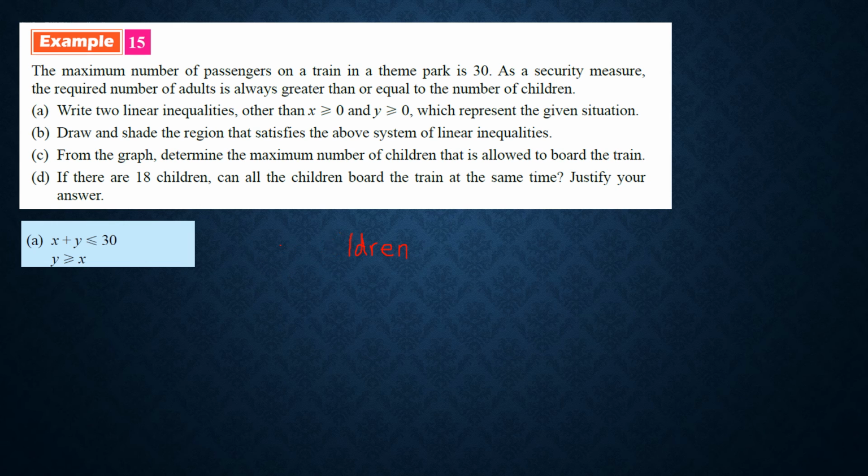So I think I write above here, it will be easy. X is children, and Y is adult.